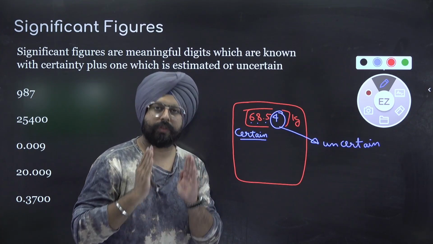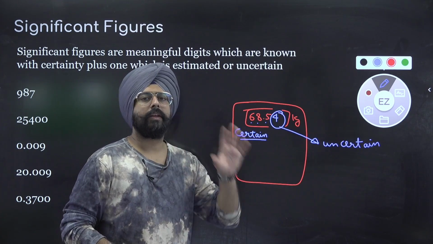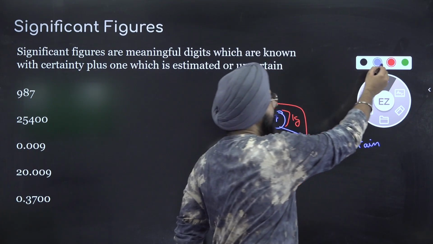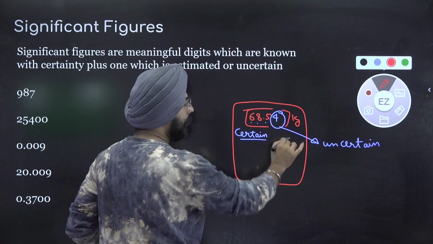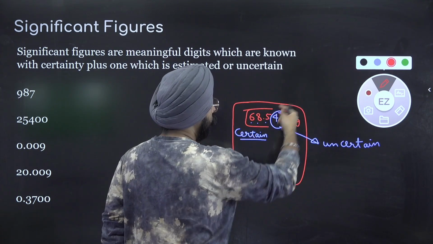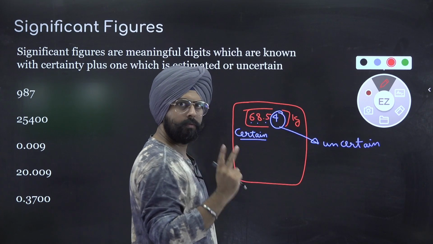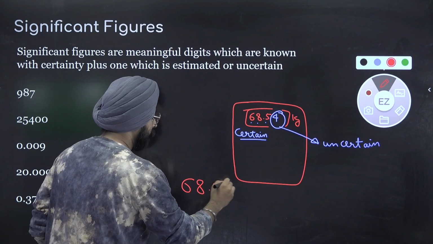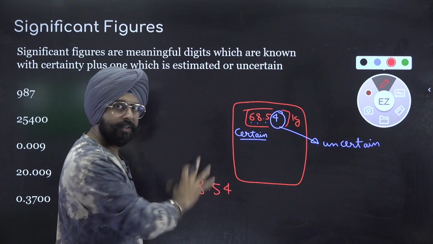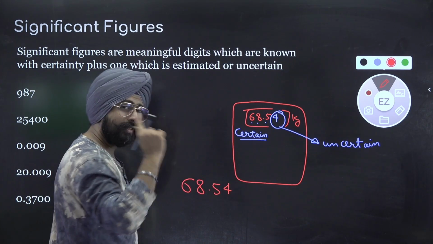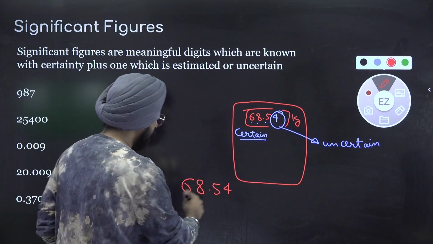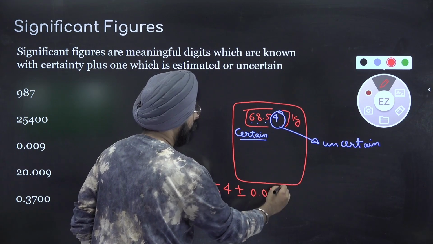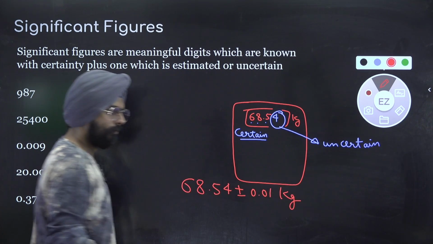In the language of science, if nothing is mentioned, if no specific uncertainty is mentioned, then you will automatically consider an uncertainty of 1 in this particular digit. What I mean to say is 68.54, if this is mentioned, a scientist would read this as 68.54 plus minus 0.01 kilograms.